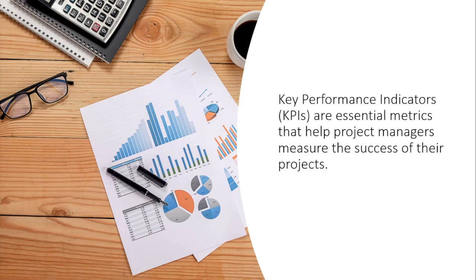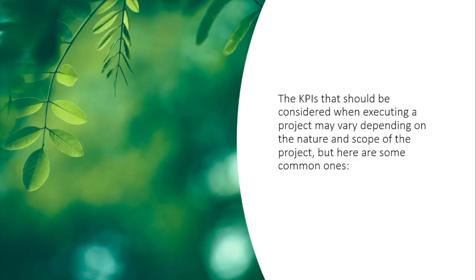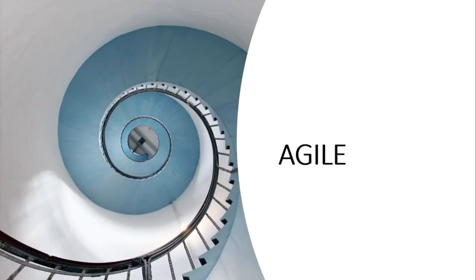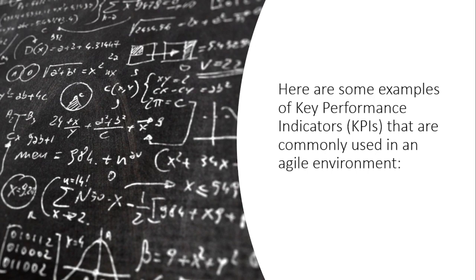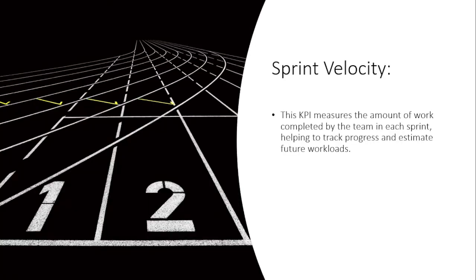Now, to round this up, I really want to focus on a few KPIs, just a few, that you should consider depending on the nature and scope of your project. If you're working in the world of Agile, for example, some of the KPIs that you could use in an Agile environment are things like your sprint velocity. There is nothing wrong in measuring velocity.